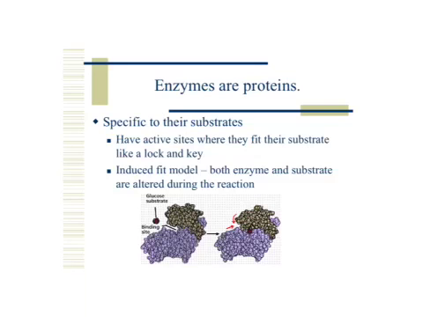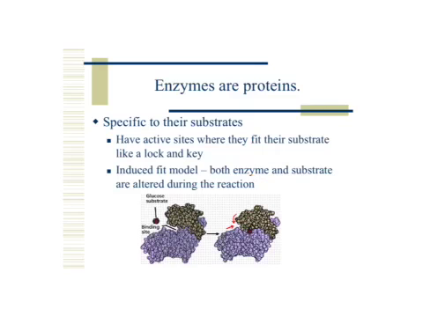Enzymes are also specific to their substrates, so they have active sites where they fit their substrate just like a lock and key. The newest model of how this works is called the induced fit model. In this example, they don't just fit like a lock and key. Both the enzyme and the substrate are altered during the reaction.